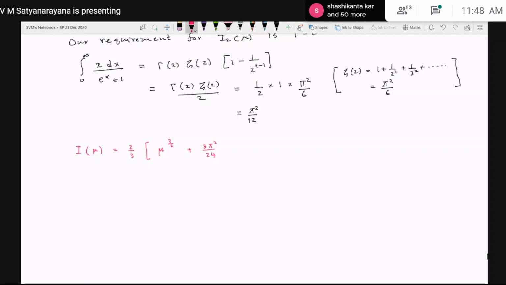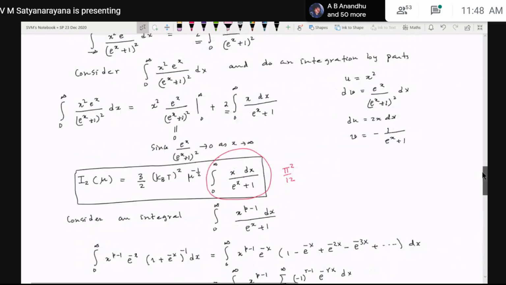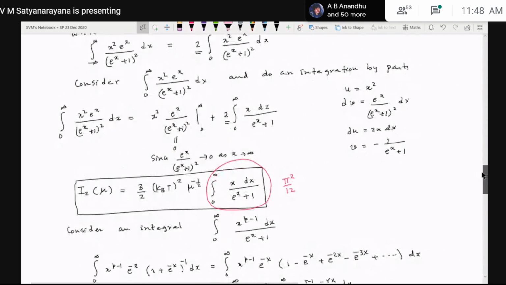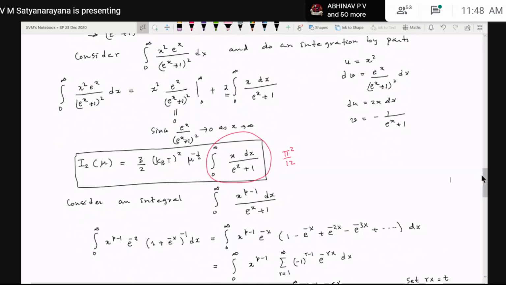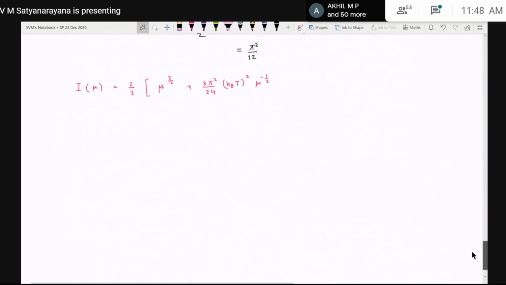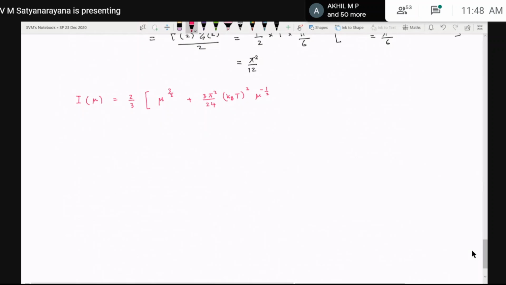There is a 3 by 2, and then I have kBT the square into mu to the power minus half. Yeah, mu to the minus half, 3 by 2 pi square by 12. So 3 pi square by 12 into 2 is 24. So that's what I have written here. So this is my I mu.